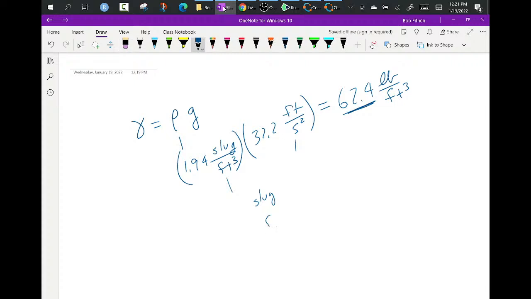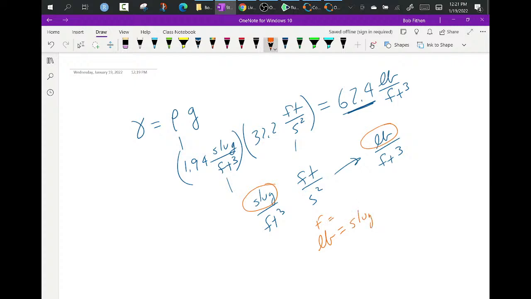Now, how does that relate to a pound per cubic foot? On the left, I've got a slug and I've got a pound. That's not going to go well until you realize a pound is equal to a slug. I'm just looking at the units here.